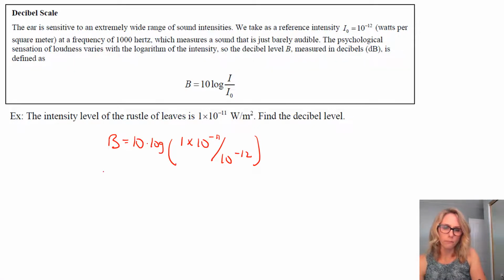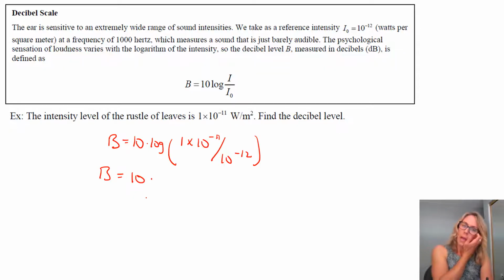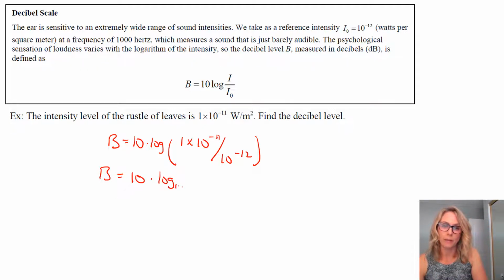We can put this in the calculator all at once. That would be ideal if you're able to do that. And you should get 10 times log base 10 of 10.